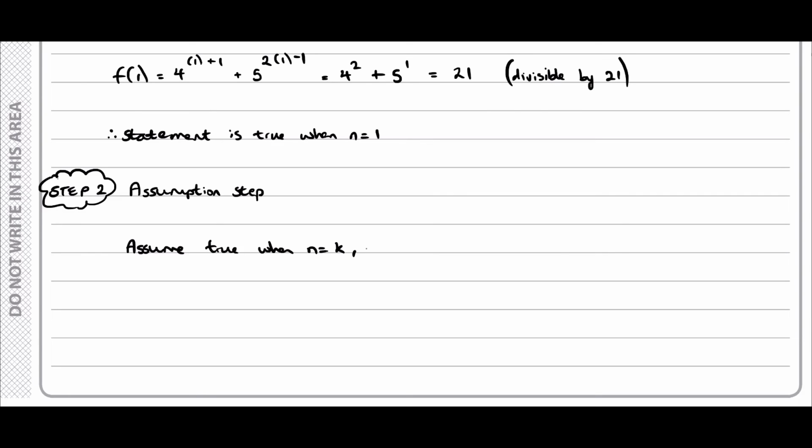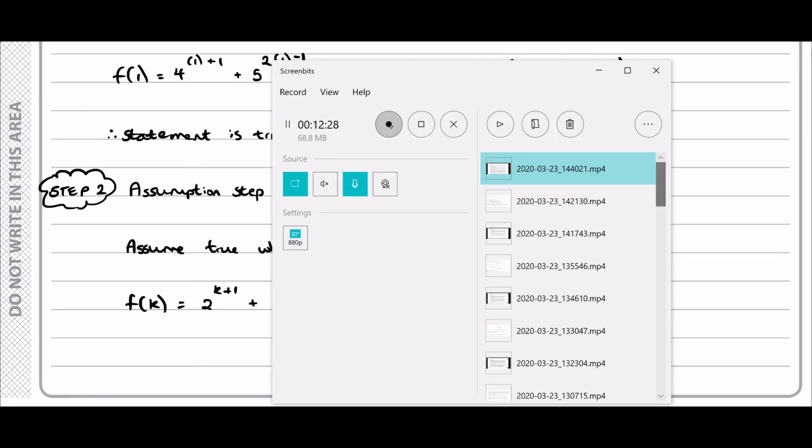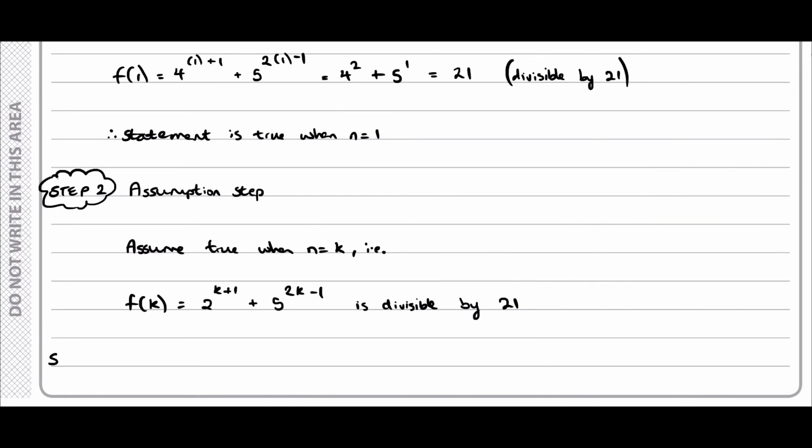In other words, f of k equals 4 to the power of k plus 1 plus 5 to the power of 2k minus 1 is divisible by 21. Step 3. This is our inductive step.